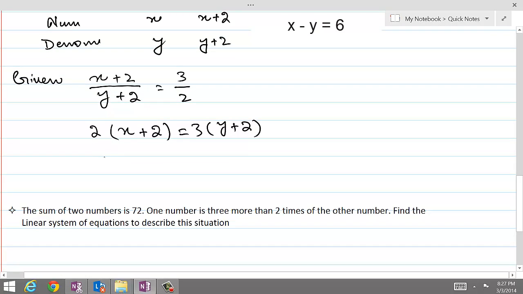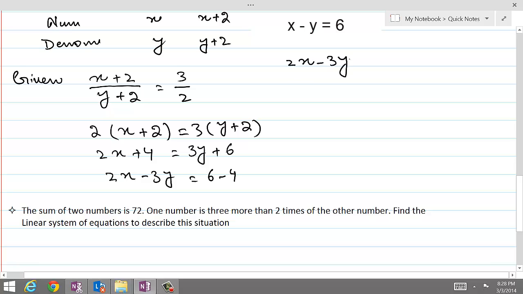This will become 2x plus 4 is equal to 3y plus 6, and this will become 2x minus 3y equal to 6 minus 4, and this will become here 2x minus 3y equal to 2. This will become the second equation, and we're gonna name it as equation number 2.